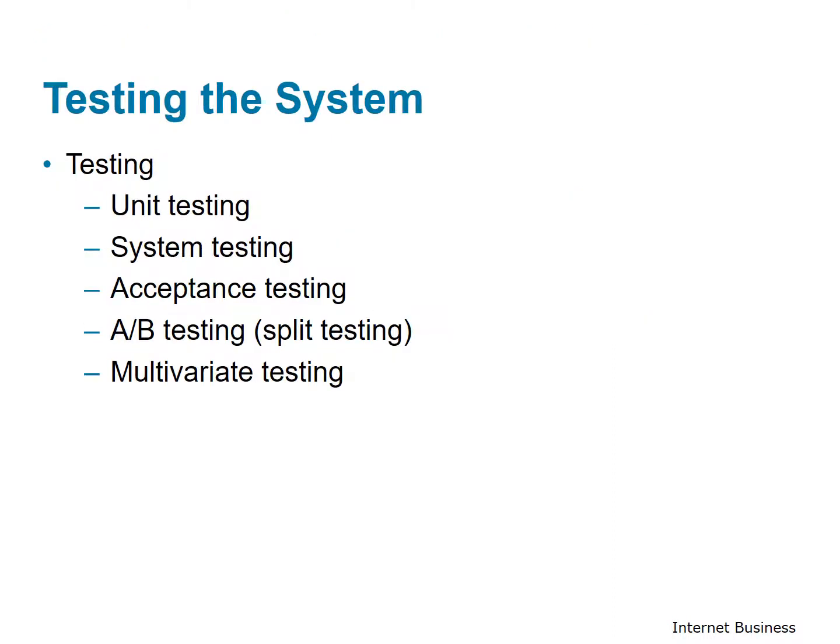Testing the system. Testing: unit testing, system testing, acceptance testing, A/B testing, split testing, multivariate testing. Once the system has been built and programmed, you will have to engage in a testing process.